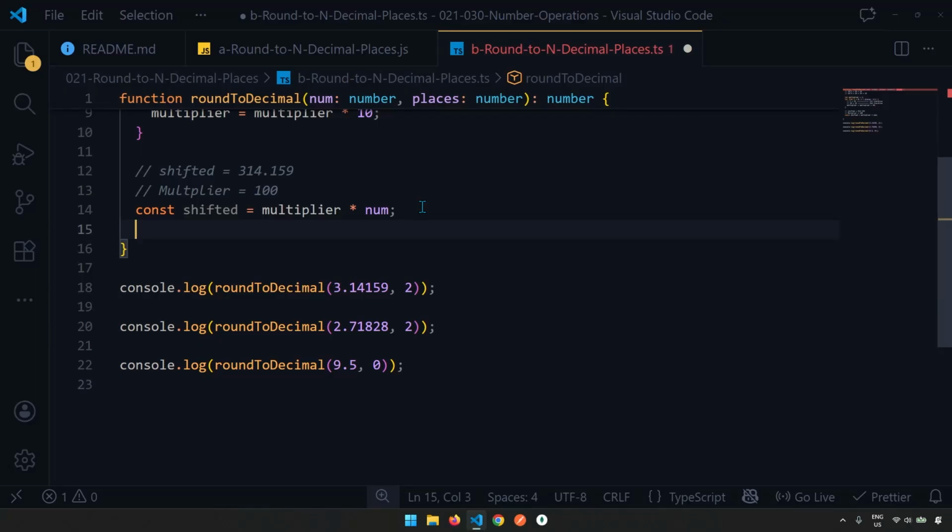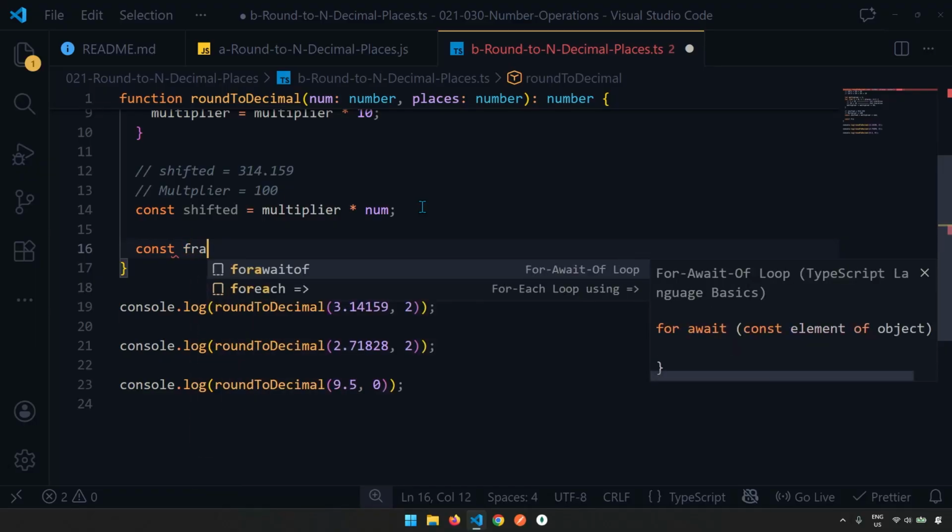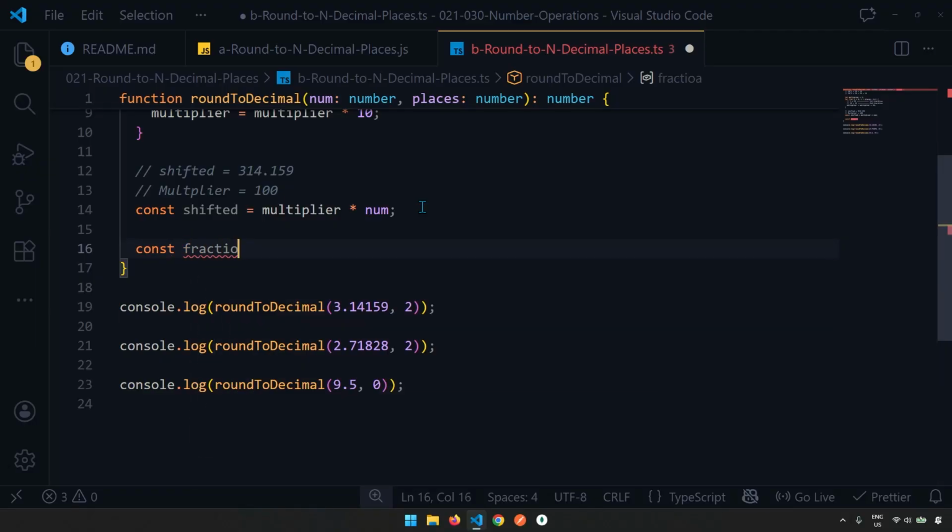The modulo operator is very, very interesting in this scenario, and I'm going to show it to you. First off, let me just write this fractional part. The reason it is very important is that if you use the modulo operator and apply it with 1, it's going to give you the decimal places within that number.